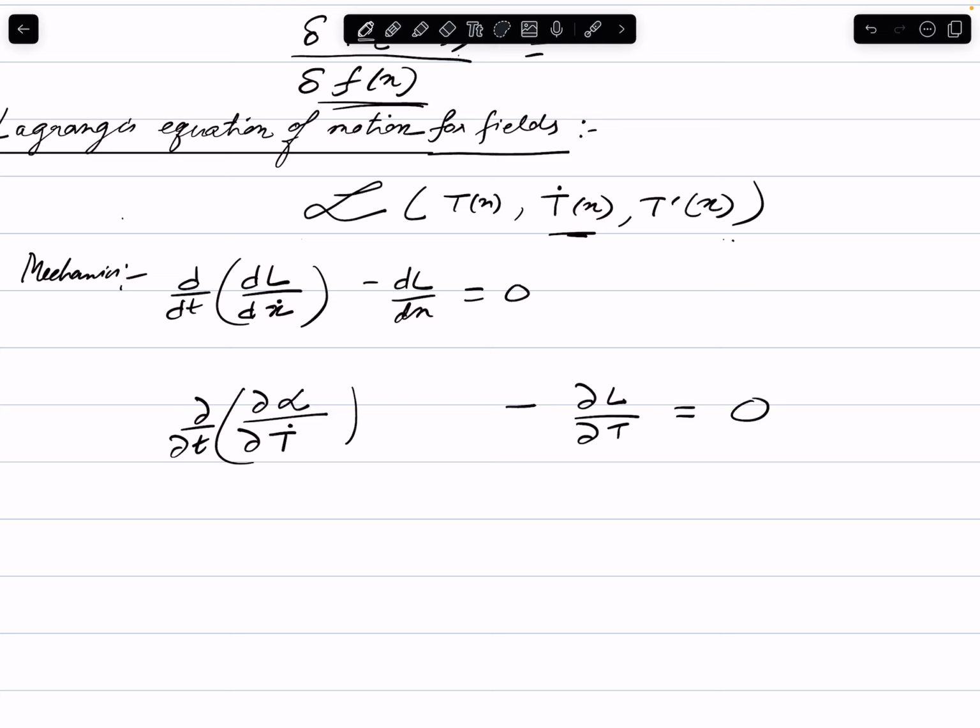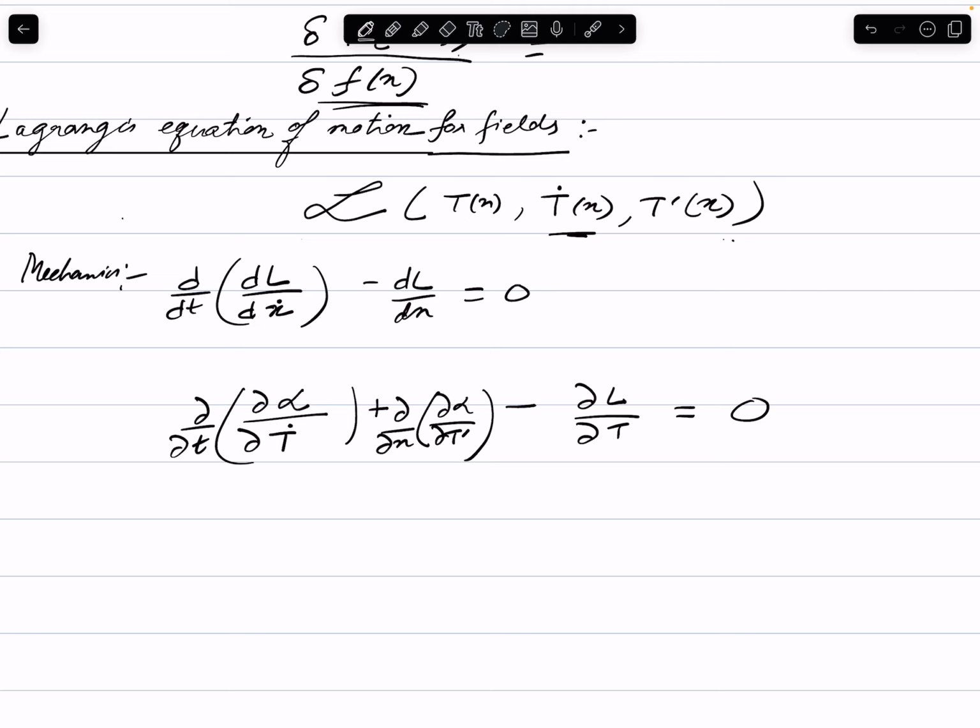So far it looks exactly the same as this, but the one thing that will change is now I also have t prime and the derivative with respect to space, and it will have the same status. So I will have del x del L del t prime also here.